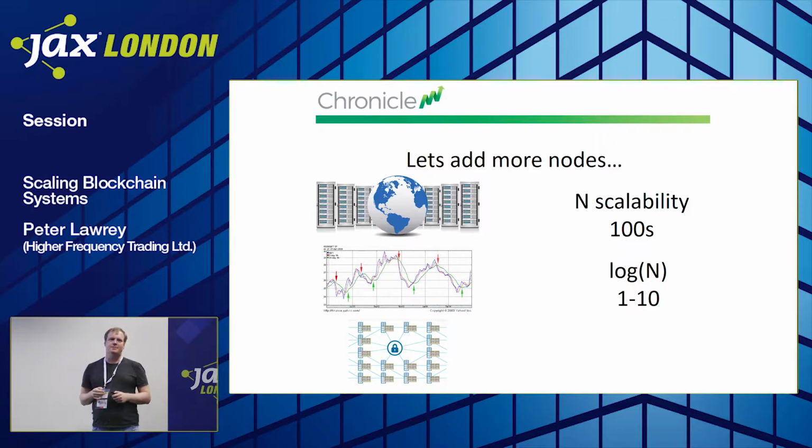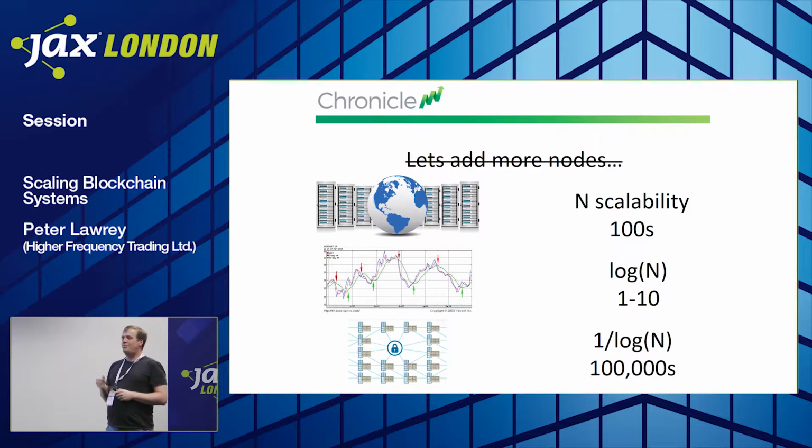What about blockchain? Well, blockchain has the opposite problem. As you add more nodes, it takes longer for them to reach consensus. So in fact, performance goes down with the log of the number of nodes. So this is a real problem. Not only that, Bitcoin is running on the order of hundreds of thousands of nodes.